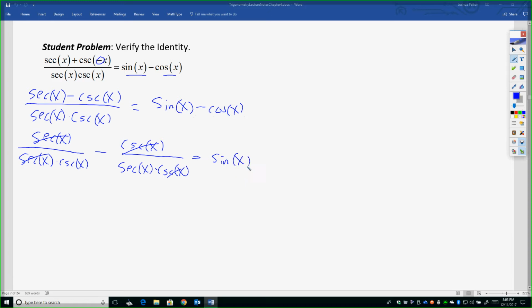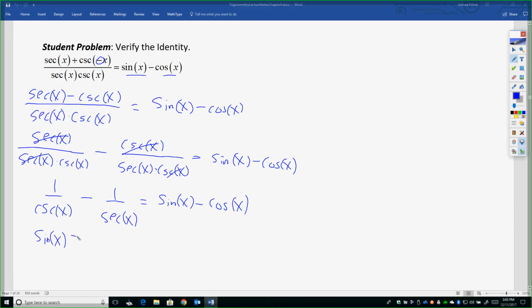But we have 1 over cosecant after the canceling, minus 1 over secant after the canceling. So we have the minus, but we don't have sine or cosine. Using the reciprocal identities, we can change 1 over cosecant into sine, and 1 over secant into cosine, which equals sine of x minus cosine of x, and we've proved it.